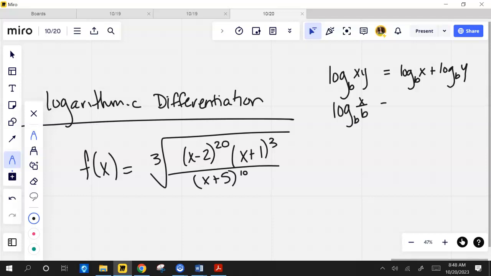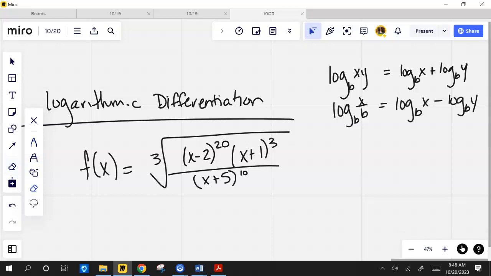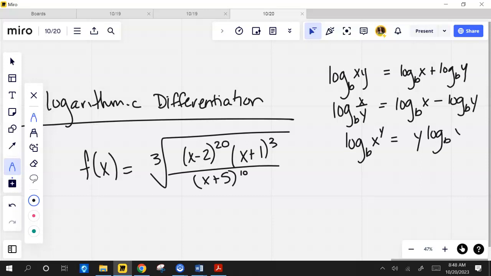If you're dividing, right, you can subtract. And if it has an exponent, do you remember what you do with that? You put it in the front. So those are the 3 main logarithmic principles that we're working off of as we work with logs.